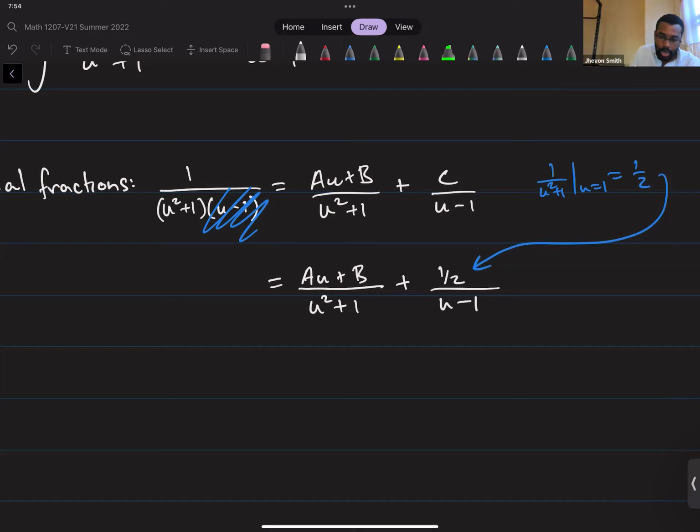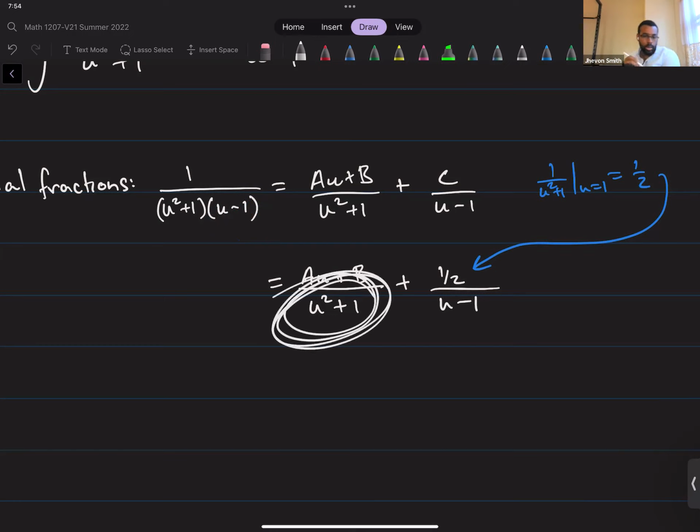All right, so now all I need to do is to find the A and the B. And that's not as straightforward, because the cover-up method won't work there, because the denominator is not a linear factor. So cover-up will not work there.